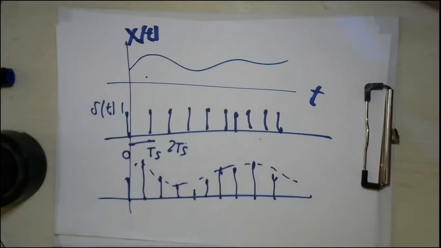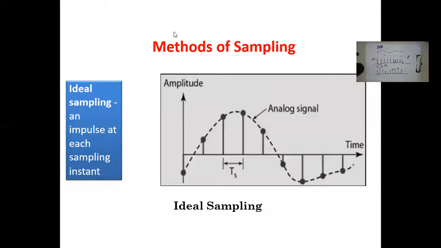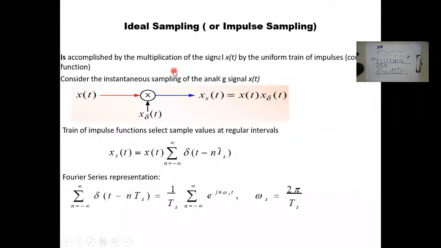Okay, so the process of sampling, again, I'm talking about an ideal sampling, and I will mention later on why this is an ideal process. The process of ideal sampling can simply be represented by a multiplication between the signal x of t and a train of delta Dirac functions, which is x delta of t, or we can call it delta of t or whatever.